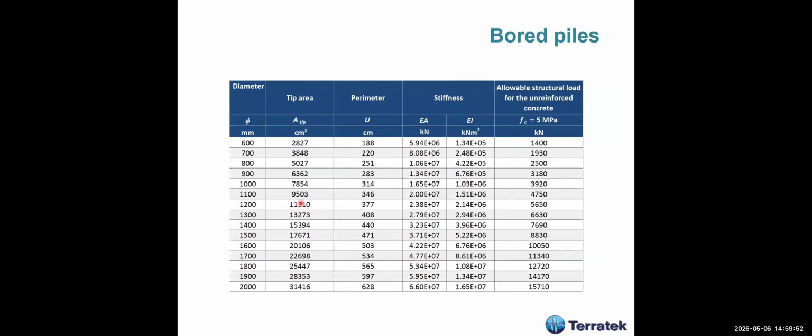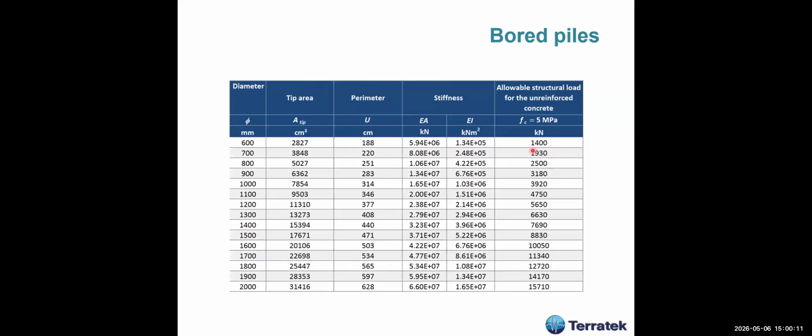Okay, and this shows the tip area, perimeter, and stiffness, and allows structural loads from 1,400 kilonewtons to 15,000 kilonewtons. Okay, so 15 meganewtons. So very large diameter.